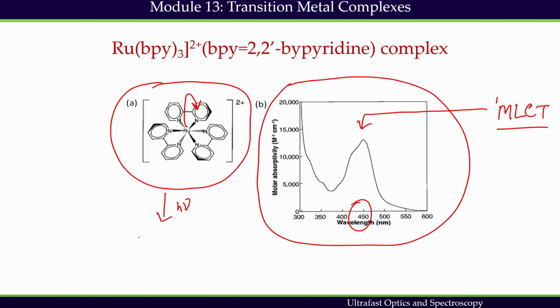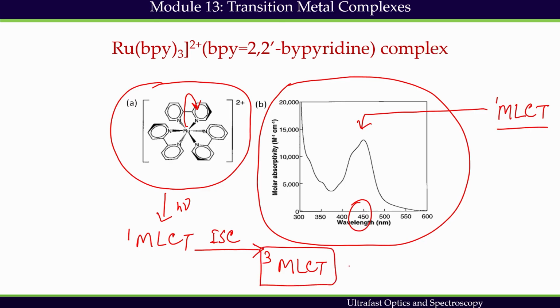We excite this system to the singlet MLCT state, and after this electronic excitation, this system evolves to a triplet MLCT state. So, singlet to triplet transition occurs through intersystem crossing, and the lifetime of this state is found to be 1 microsecond. That is the lifetime.